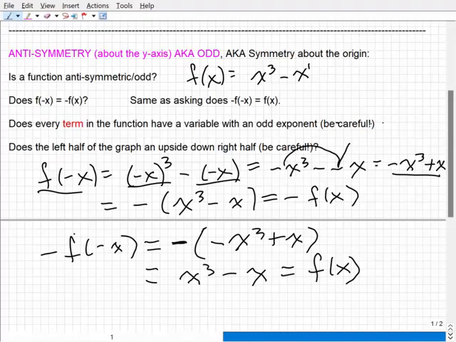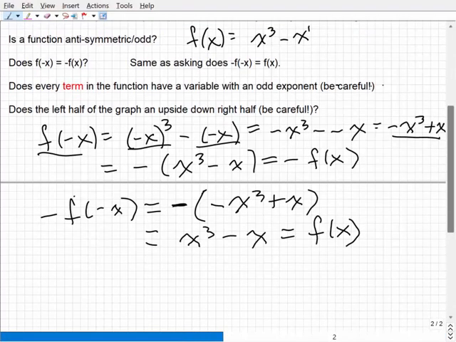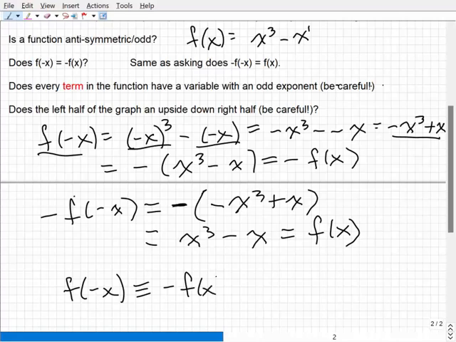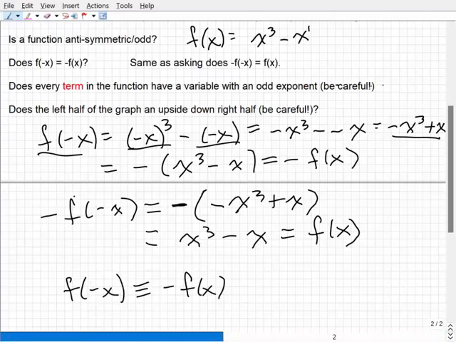I can pull that minus out front of the original function, and then this minus will cancel that one. So what's happening here is, since we saw that this is exactly the same as this, right? Every term gave us an extra minus sign, and we just pulled it out front, right?